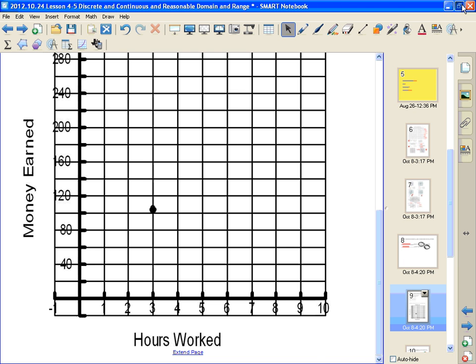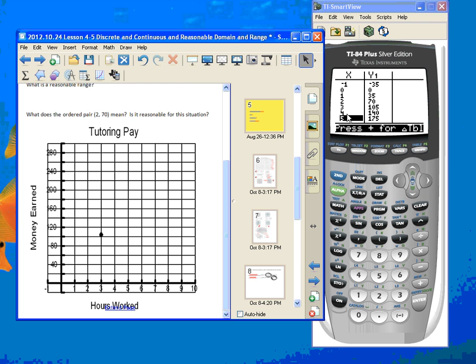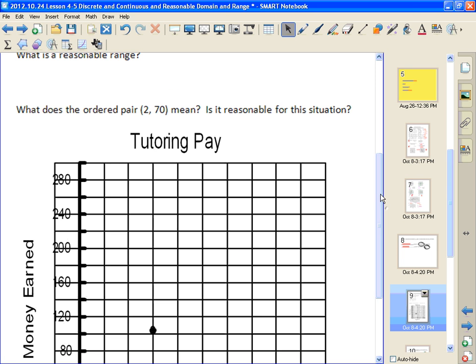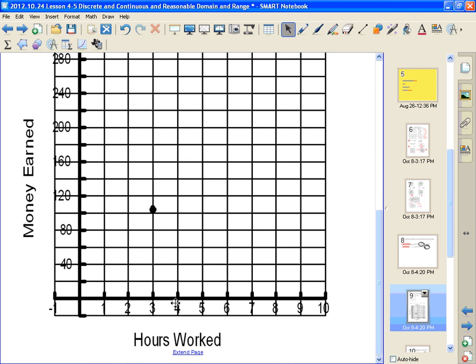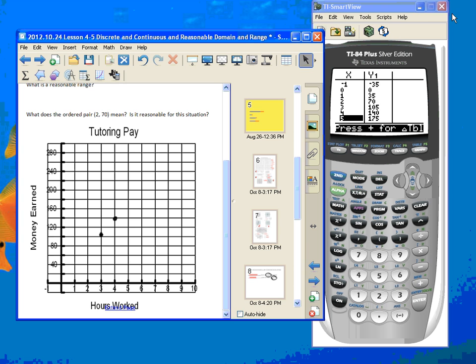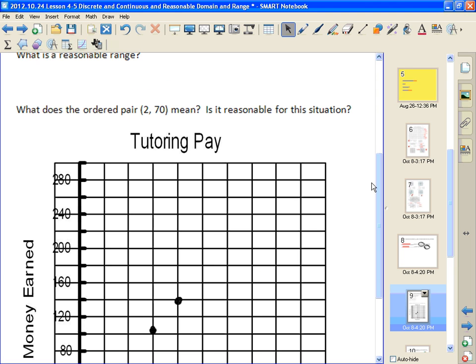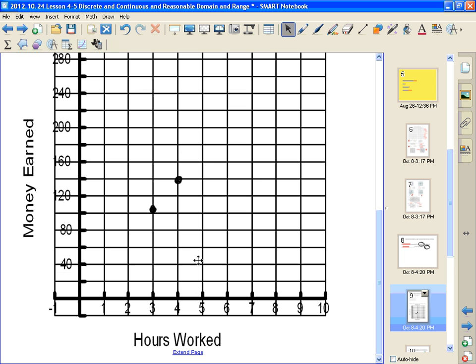Okay. Then the next one is 4, 140, so I'm going to graph that next. So 4, 140 would be right there. Then the next one I have is 5, 175. So 5, 175 would be about right there.